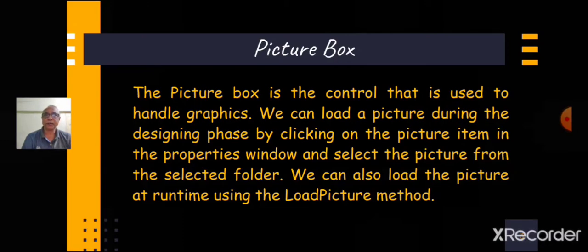Children, this feature is best suitable for doing animation. We can also load the picture at runtime using the LoadPicture method. The image in the picture box is not resizable.